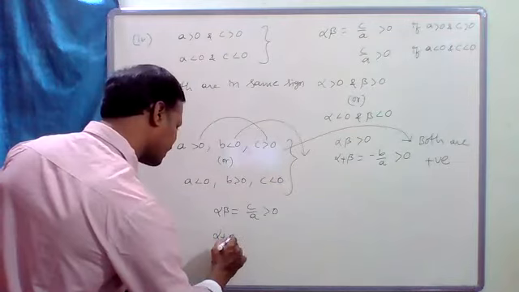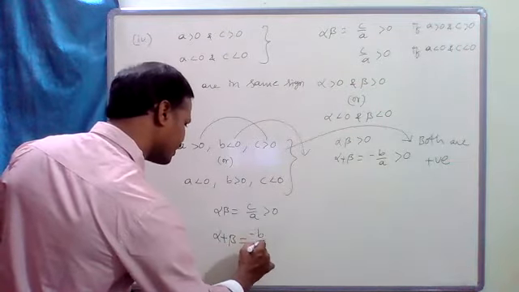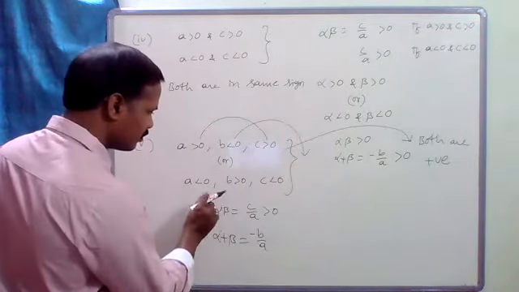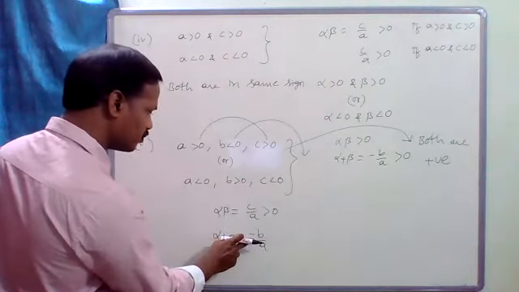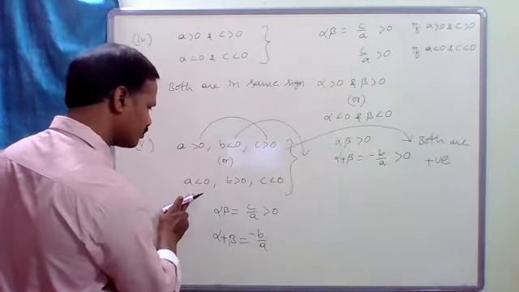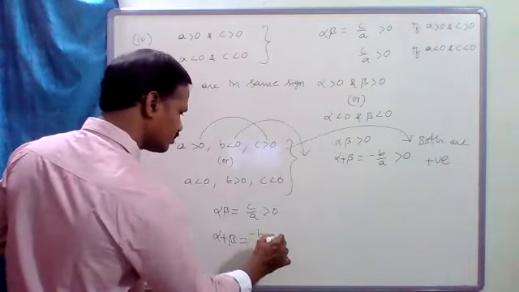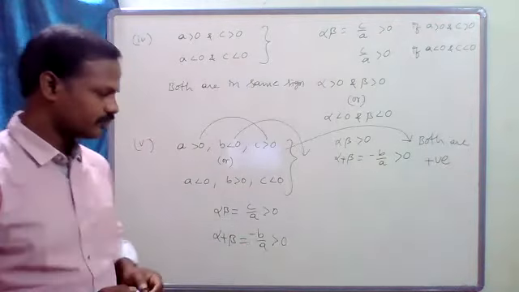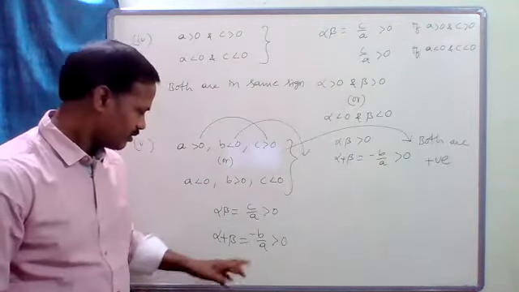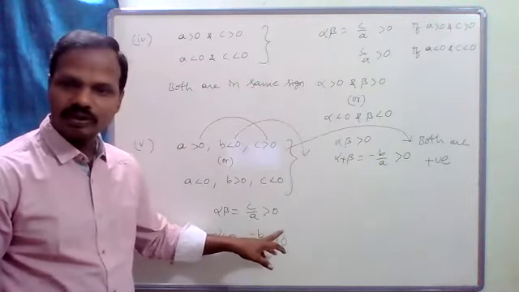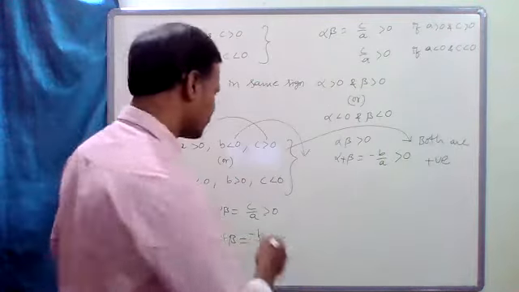Now alpha plus beta equal to minus B by A. B is positive, so minus B is negative, A also negative, so this is greater than 0. That means both are positive in this case.